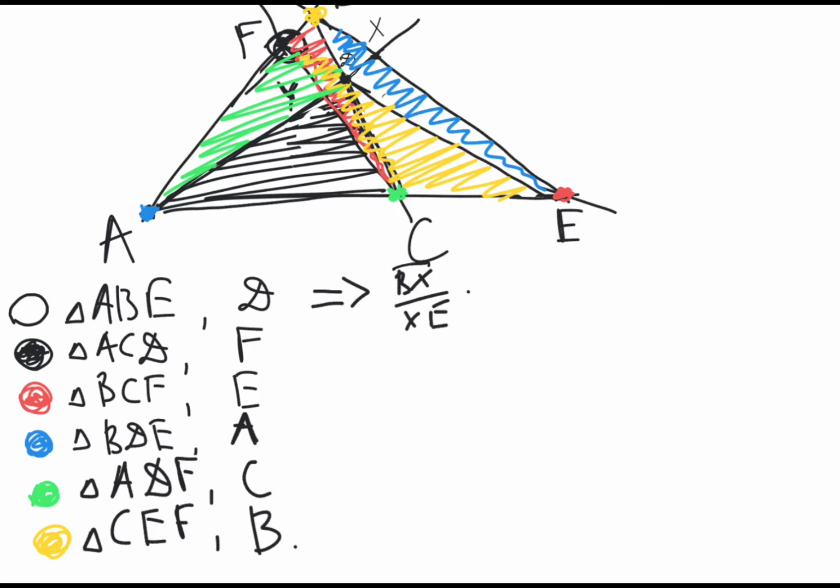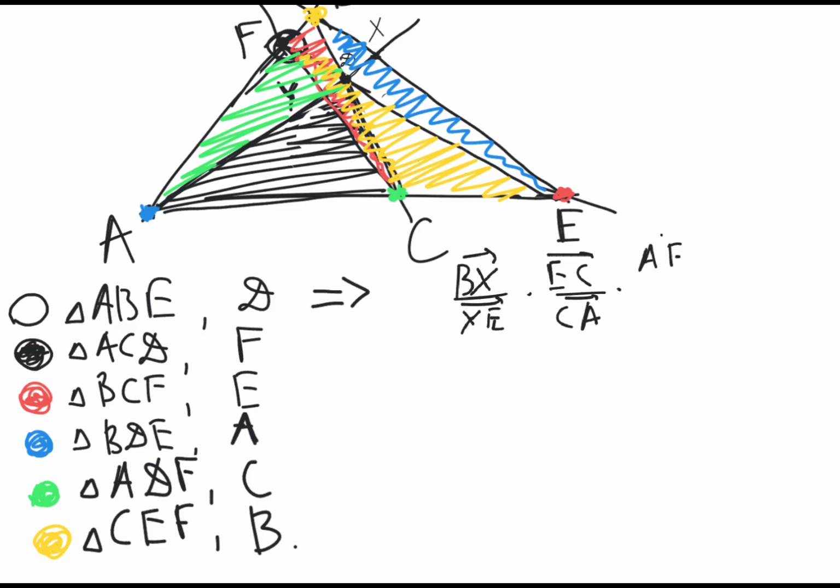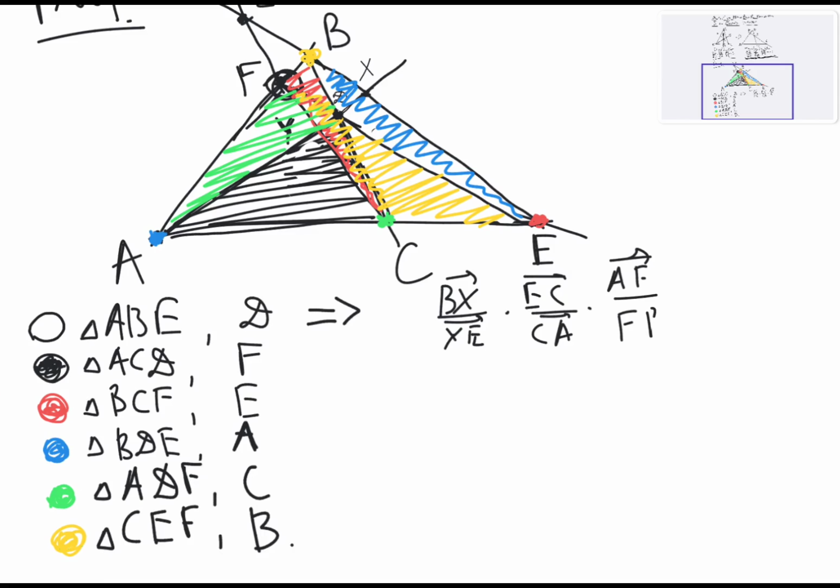So over XE multiplied by EC over CA multiplied by AF over FB. This is equal to 1.